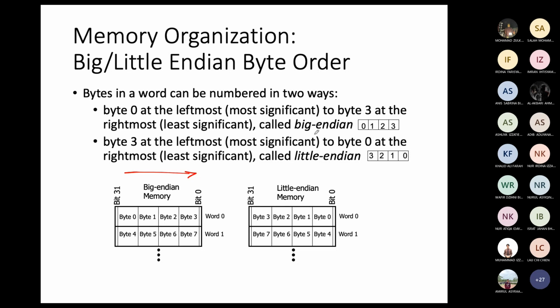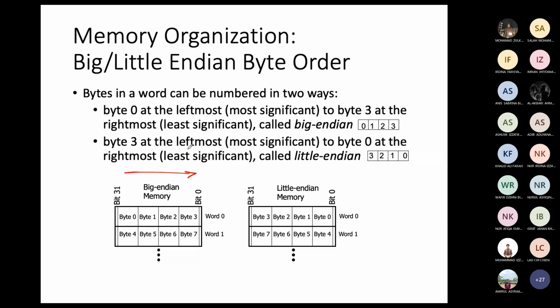This is what we call big endian, which was previously used in the PowerPC Mac processor. If I'm using a MacBook, but my processor is a PowerPC, then it would use big endian. The position of the bytes starts from left to right: byte 0, byte 1, byte 2, byte 3.